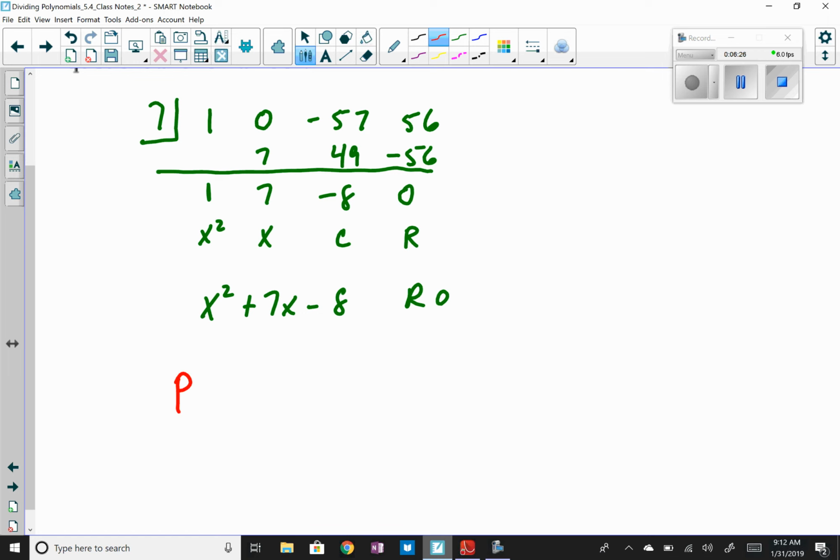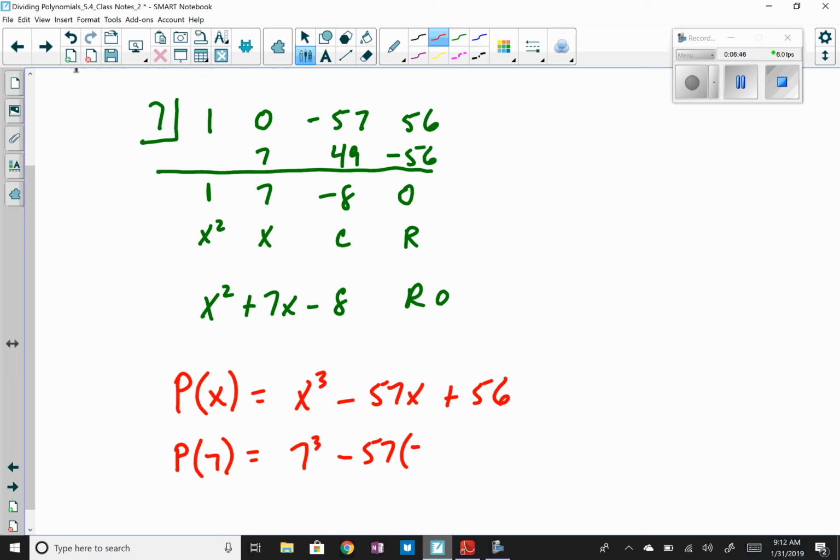So we know that p of x is equal to x cubed minus 57x plus 56. So p of 7, we'll just substitute 7 in and see what we get.